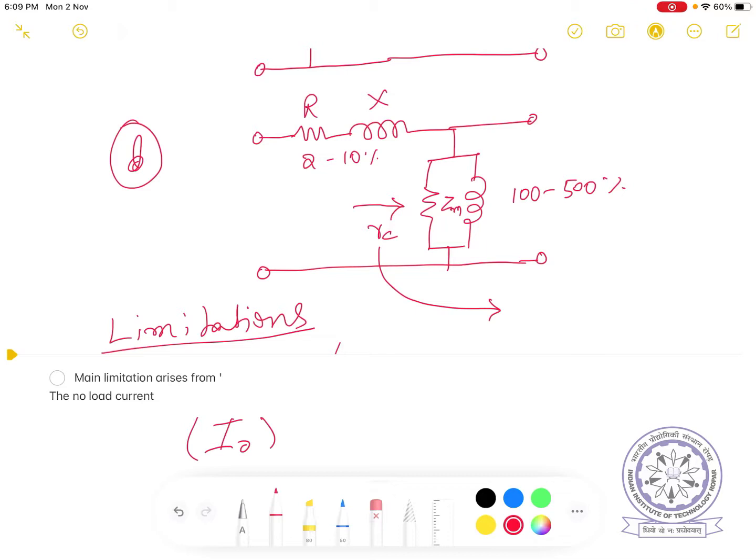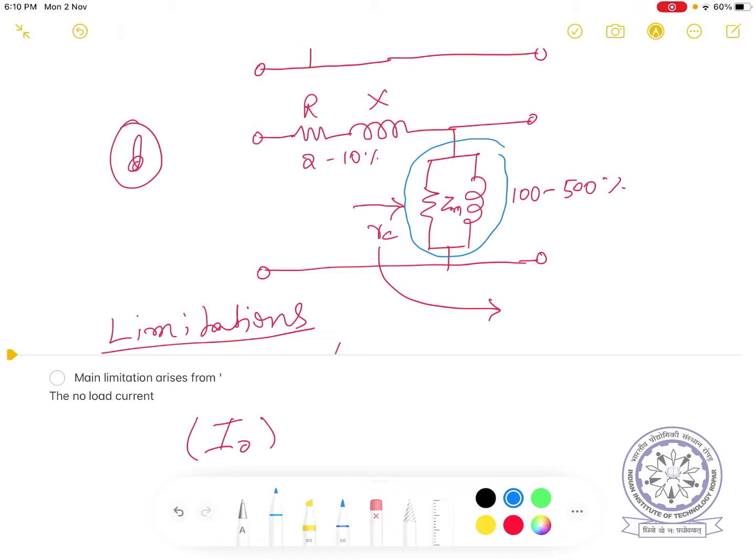But the specific value of R0 is valid only at the voltage at which R0 is determined by the no load test. You might remember there are two tests, the no load test and the short circuit test. Using the no load test, the shunt branch components, including RC and XM, can both be estimated.